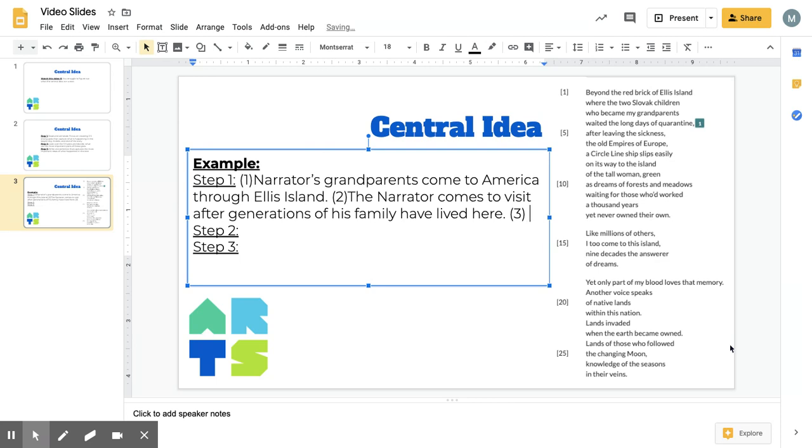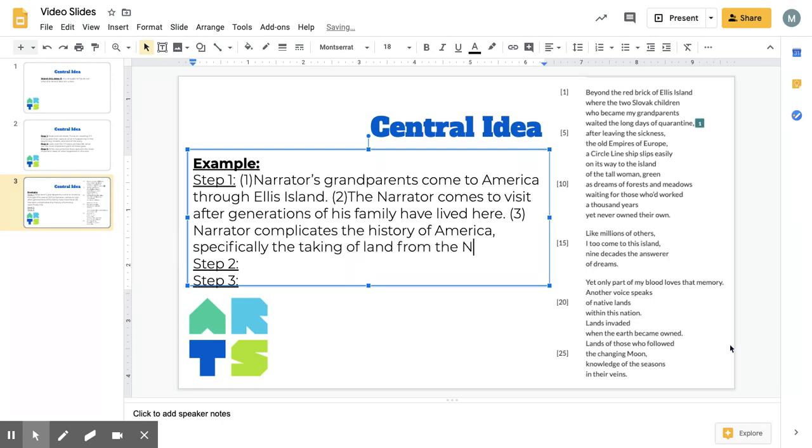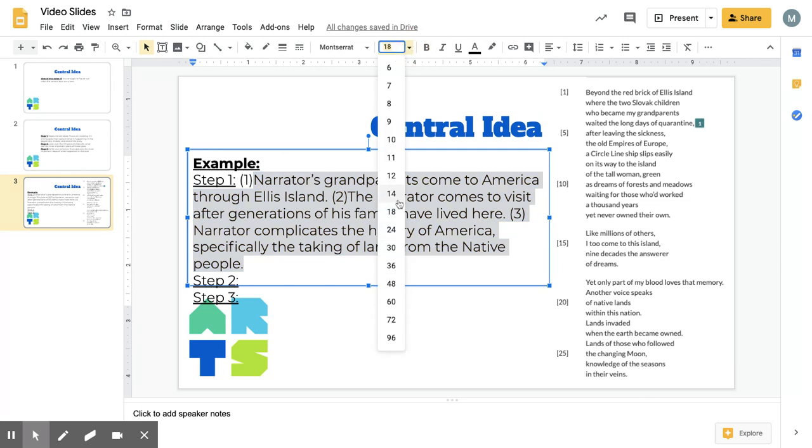So let's see how we can say this. Narrator complicates the history of America, specifically the taking of land from the Native people. Okay, so I'm going to make this a little bit smaller so I don't run out of space.